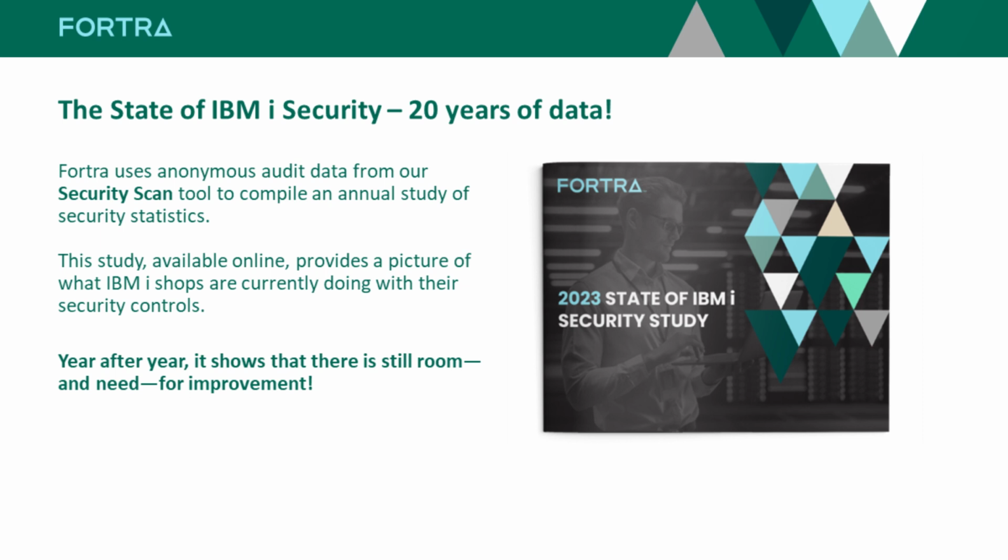And what this is showing us, year over year, is that there's need and room for improvement on these servers. So despite the fact that we've been doing this for 20 years and that we've been helping customers to get their systems to a more secure state, there still needs to be some improvement.